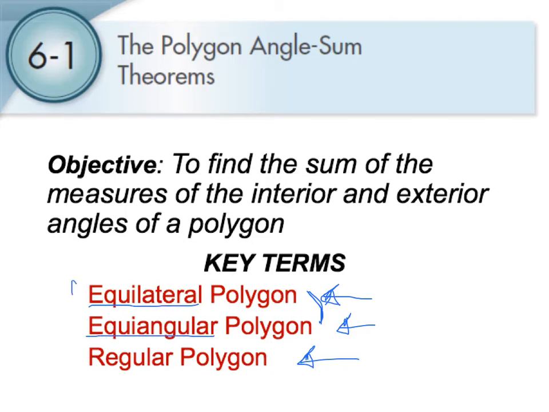That's what an equilateral polygon and an equal angular polygon mean. A regular polygon means that all angles and sides are congruent. So any shape that has all angles and all sides congruent would be called a regular polygon. Those are the three types of things. So if it's regular, it is both equilateral and equal angular.